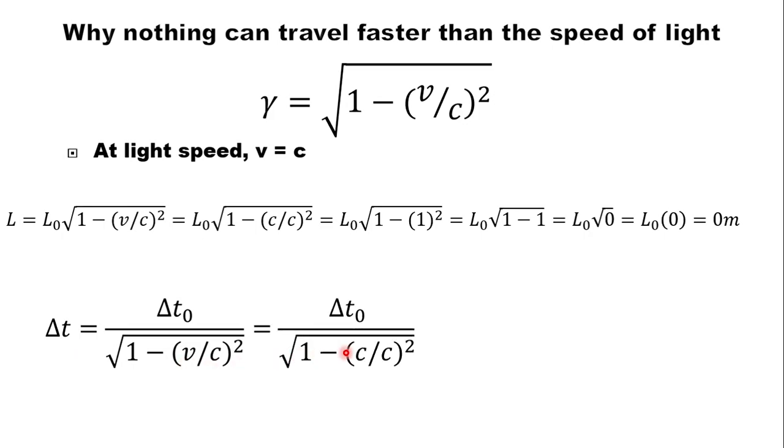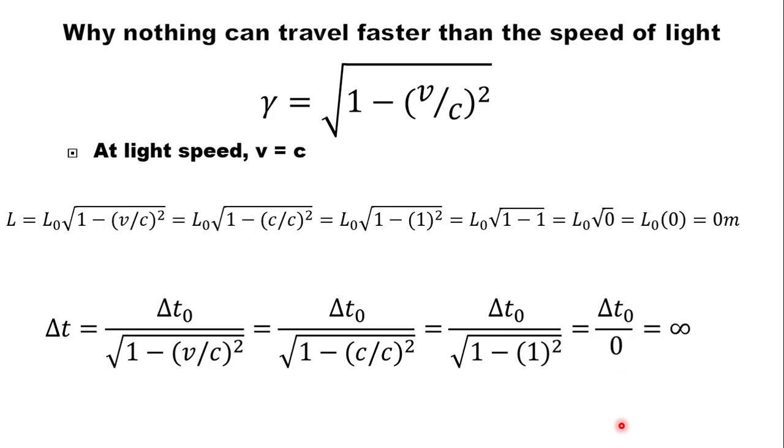V is going to be equal to c, so c over c is equal to 1. 1 minus 1 is equal to 0. We have a 0 in the denominator. Mathematically, we might say this is undefined. From a physics perspective, how many times can 0 go into anything? An infinite number of times. So the time at the speed of light stretches out to infinity and therefore stops.